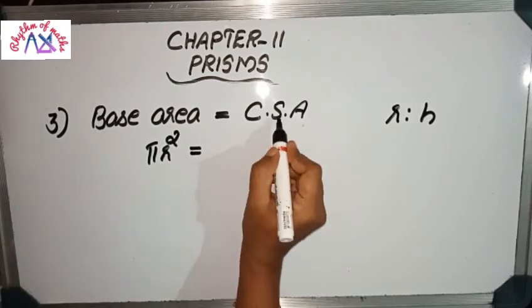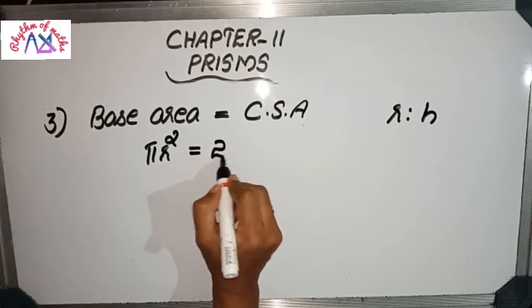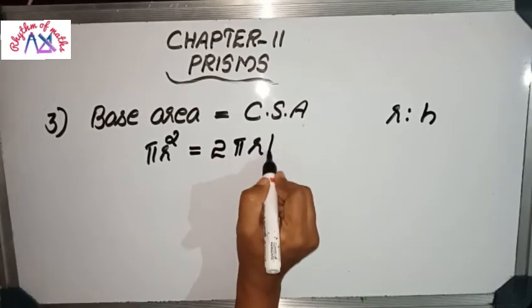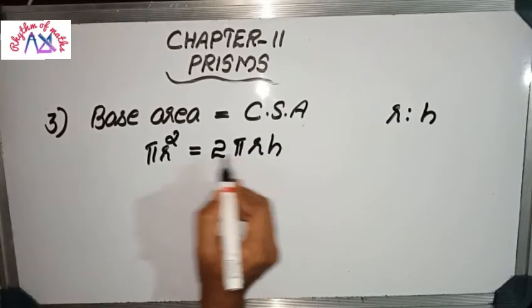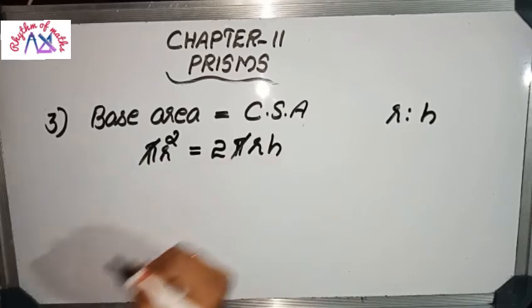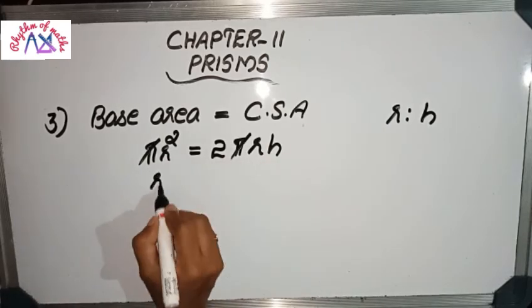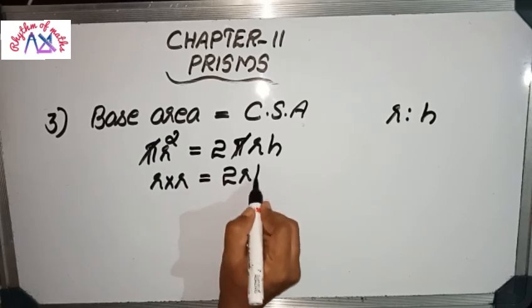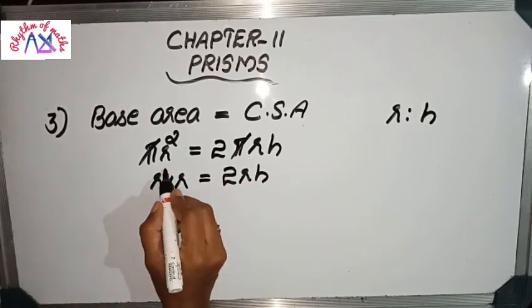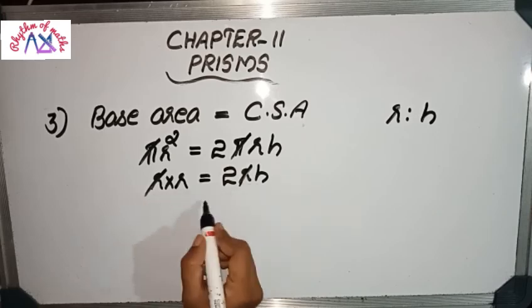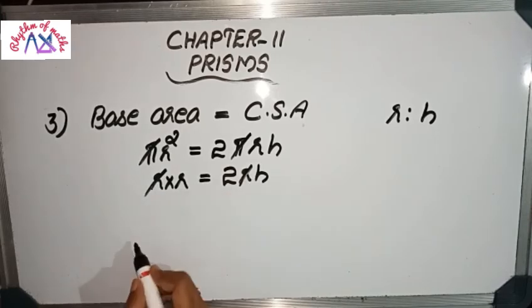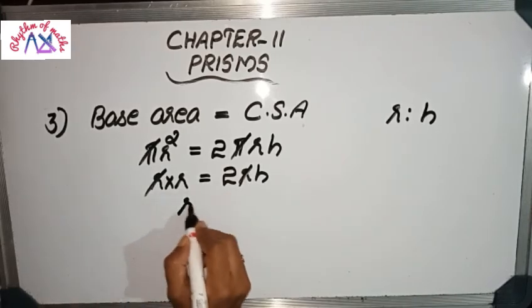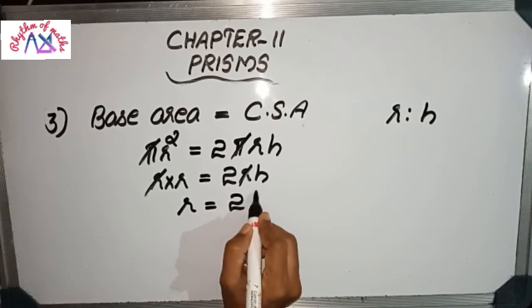Now the curved surface area equation is 2 pi r h. Now from this we can cancel pi and pi. Now r square means it is r into r. So r into r equals 2 r h. Now we can cancel one r and one r. Now remaining is r equal to 2h.